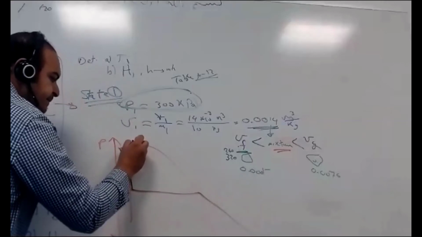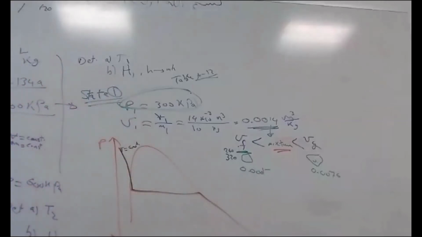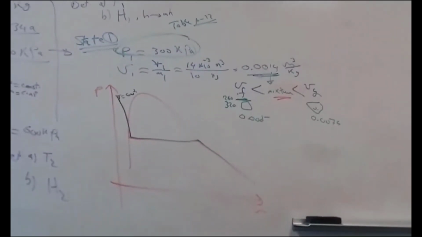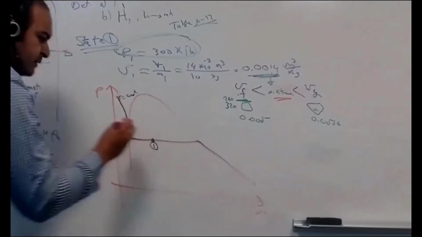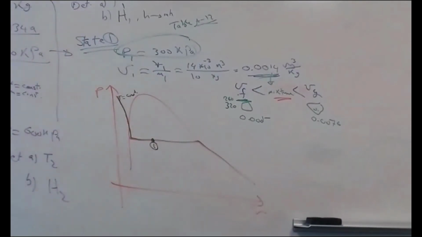So where is the point, guys? Can somebody tell me where is it? It's here or here or here? Somewhere in the middle, a mixture, exactly here. Somewhere here, like for example here. So this one.